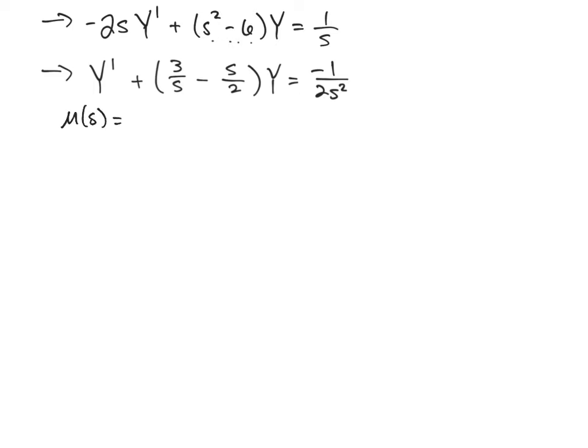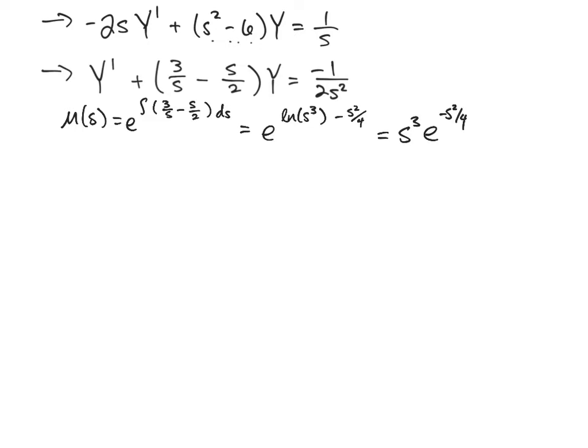Mu of s is going to equal e to the integral of the stuff in front of the y term, so that's 3 over s minus s over 2 ds, which will equal e to the ln of s cubed minus s squared over 4, and that's going to equal s cubed times e to the negative s squared over 4.